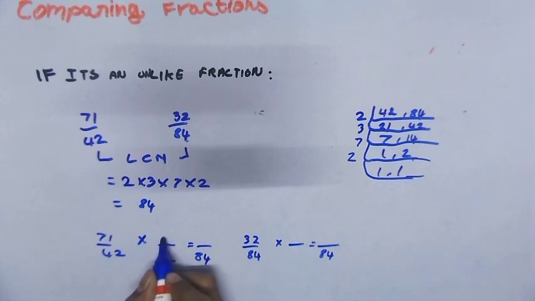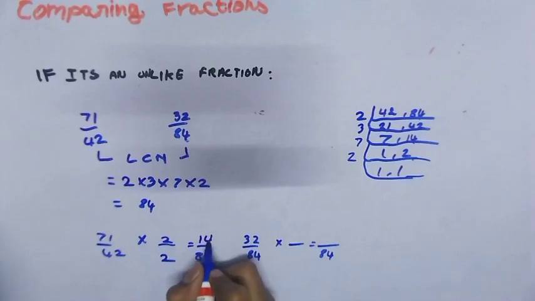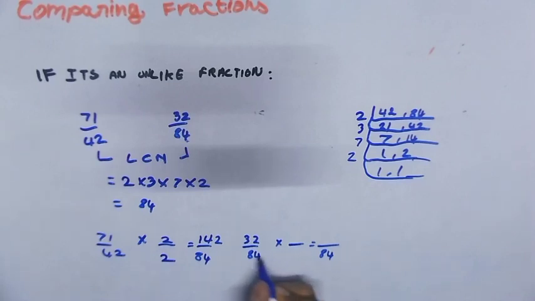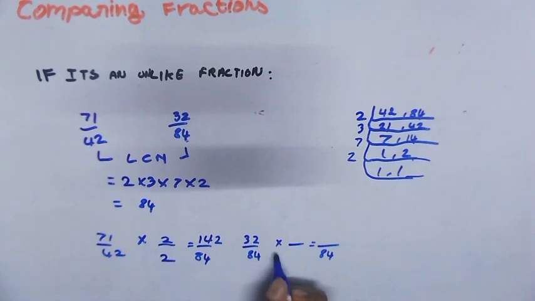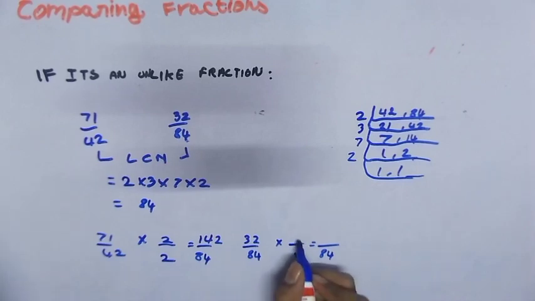So 71 into 2 equals 142. 32 by 84 is the second fraction, and 32 by 84 into dash equals dash, and the denominator is the LCM. So 84 into 1 equals 84, and the 1 used at the denominator should be carried to the numerator. So 32 into 1 is 32.